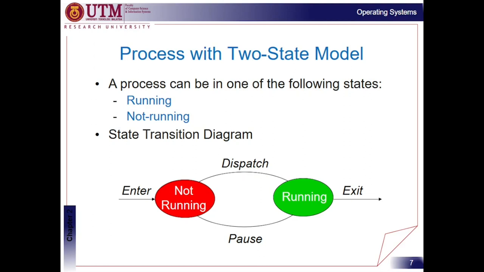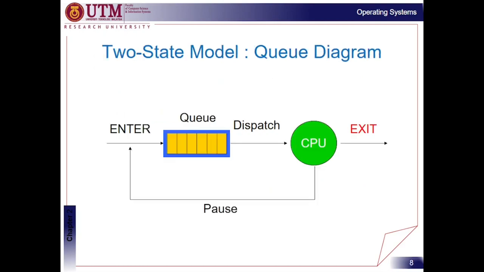The two-state model is a simple way of representing the behavior of a process in an operating system. However, it does not capture all the possible states and transitions that a process can have. In reality, there are more complex models that include other states such as ready, blocked, suspended, and so on.